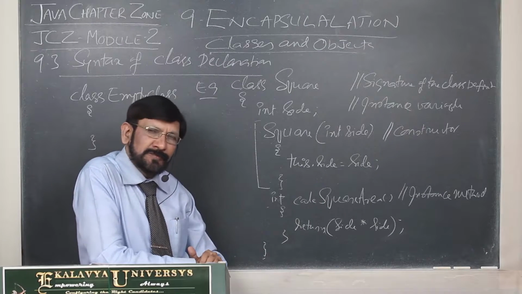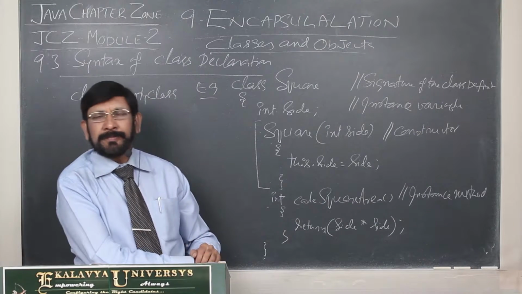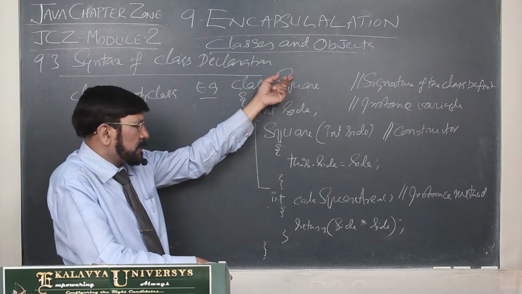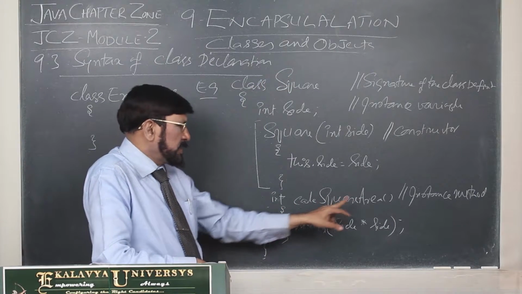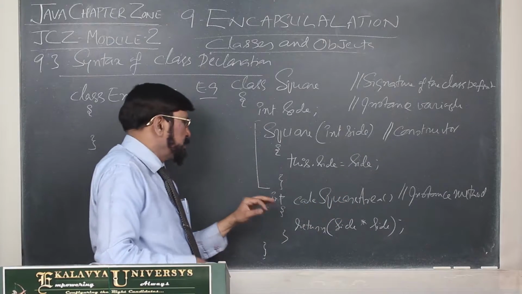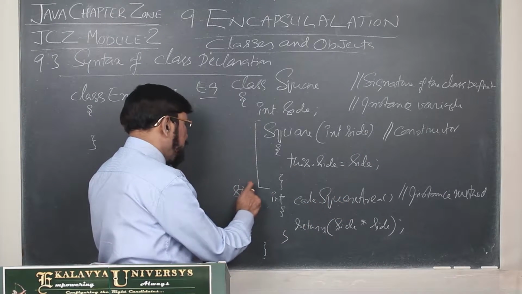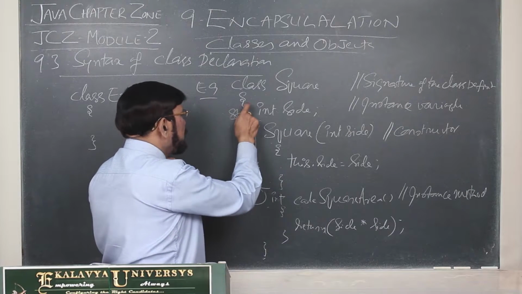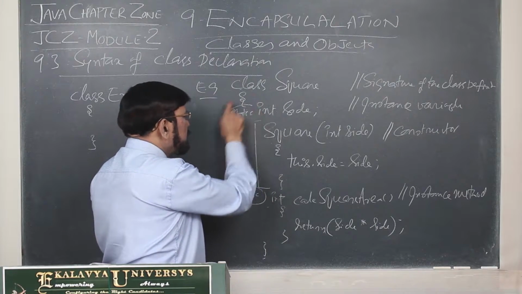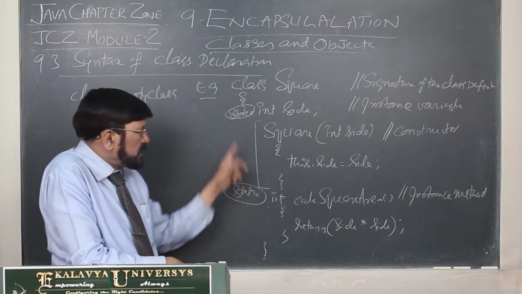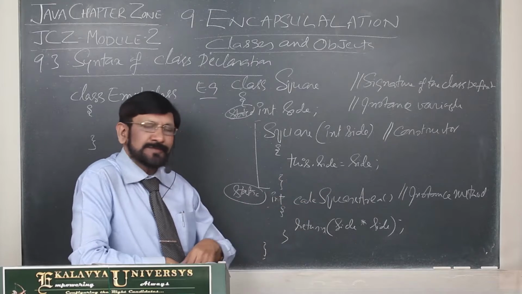Thereafter, one operation we have to perform. What is that operation? We have to evaluate the area of the square. So for that we are writing an instance method. Why is it called an instance method? Here we are not writing any static. If you write static here or here, it is a static variable or static method. We didn't mention anything. That's why it is an instance method.